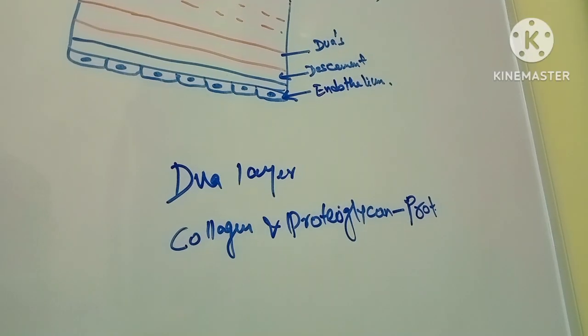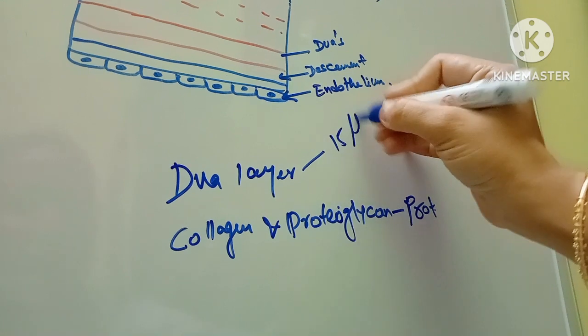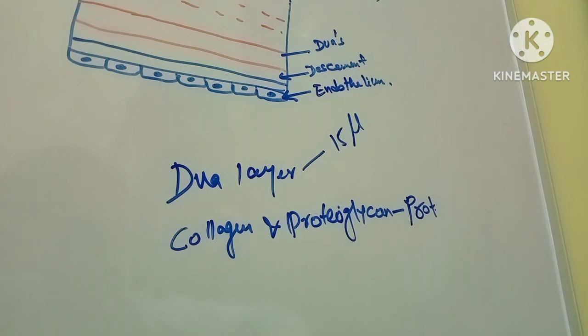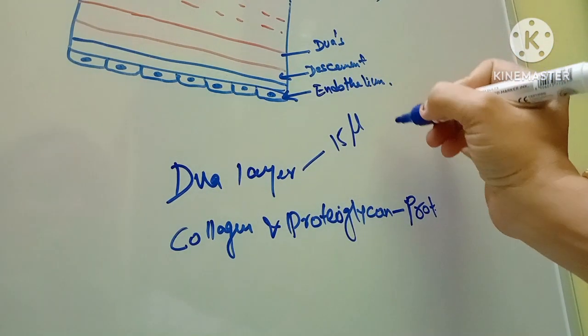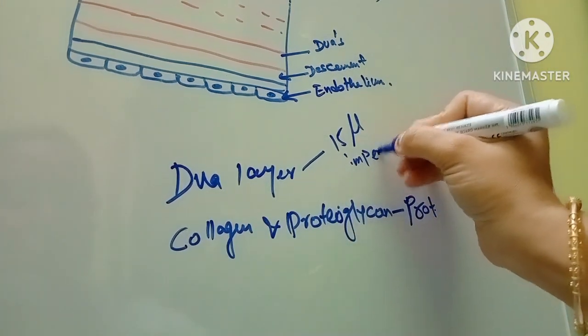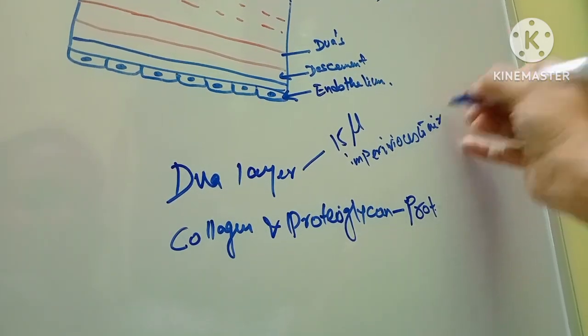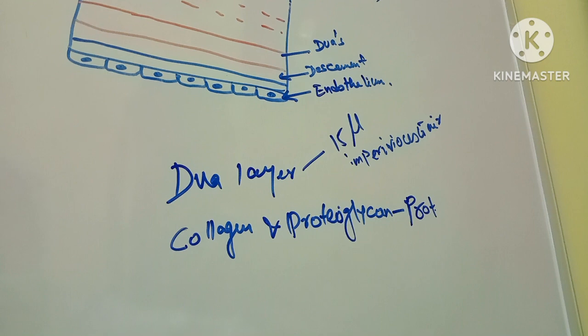So Dua's layer is 15 micron thick and impervious to air, meaning it does not allow any air or fluid into the cornea.